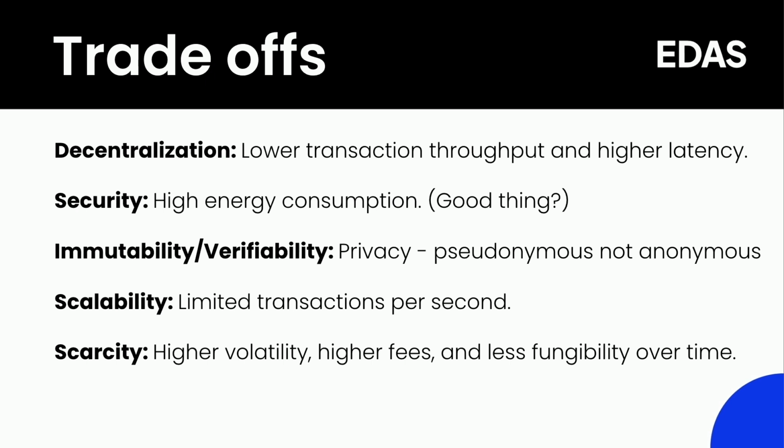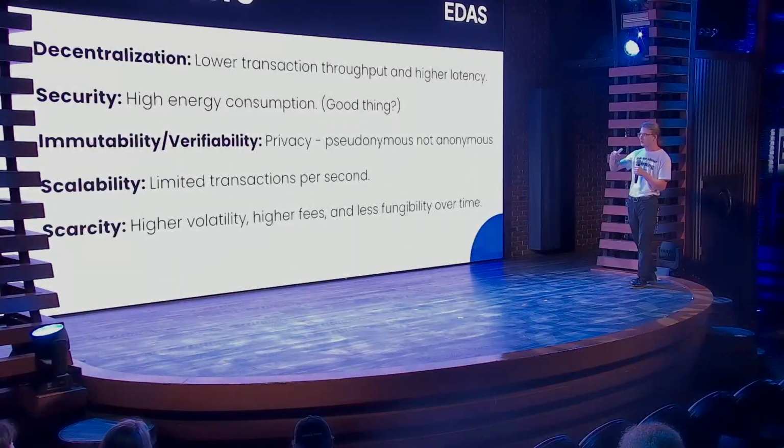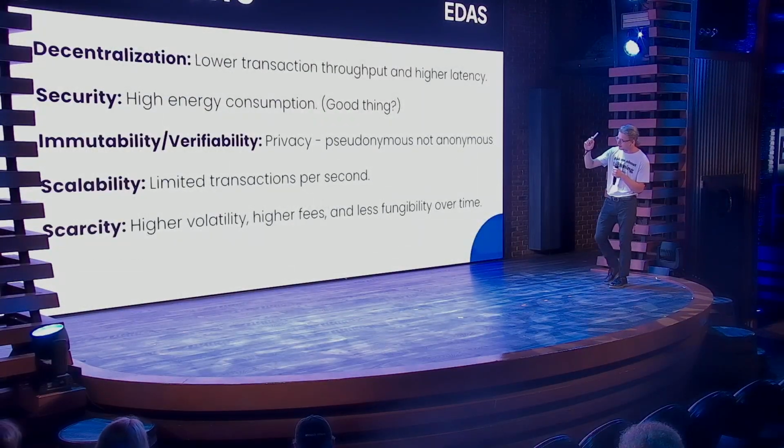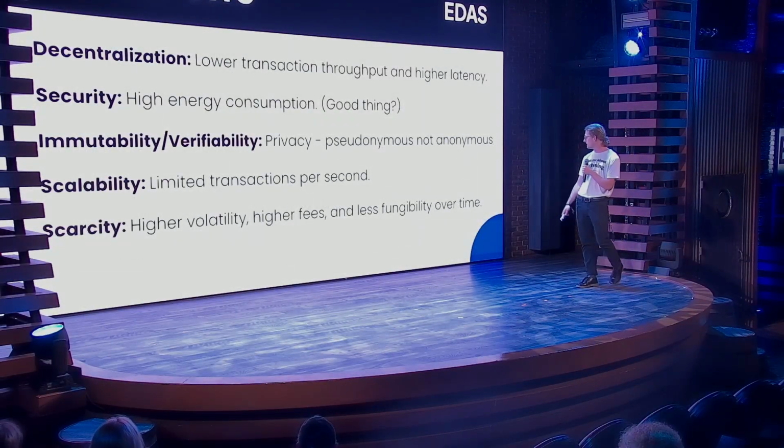Immutability and verifiability is a good thing, but with privacy, we are pseudonymous on chain, we're not anonymous. Scalability is a problem, and that's because of scarcity, because Bitcoin is scarce in its block space and its unit value, and we like scarcity. That's what brings up the value of Bitcoin, but that causes higher volatility, higher fees, less fungibility over time.